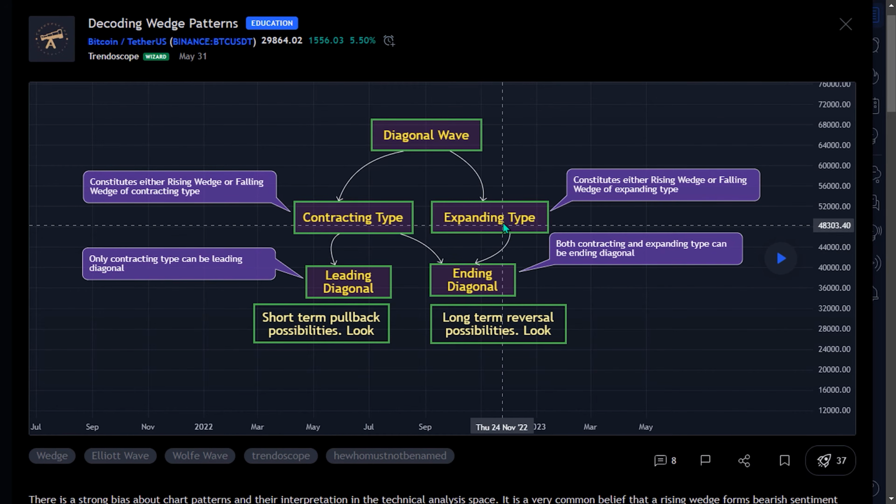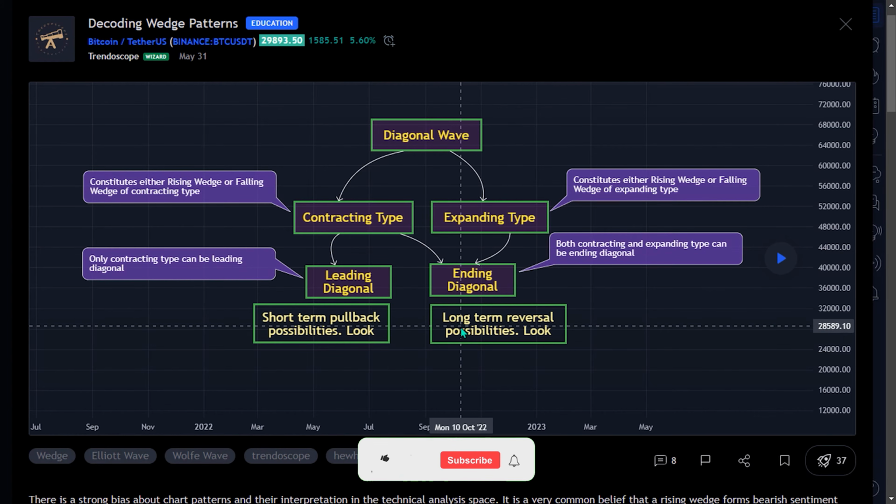The expanding type constitutes either a rising wedge or a falling wedge of expanding type. The ending diagonal will show both contracting and expanding types that can be ending diagonal. The expanding type, which leads to the ending diagonal, signals long-term reversal possibilities look.